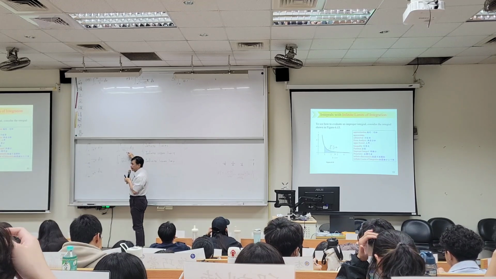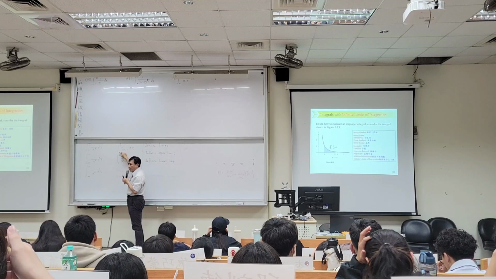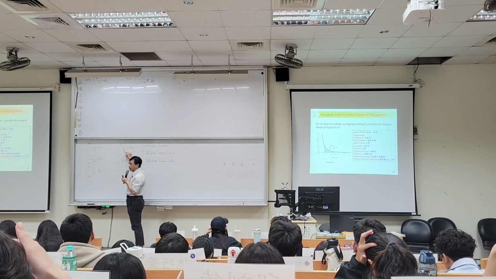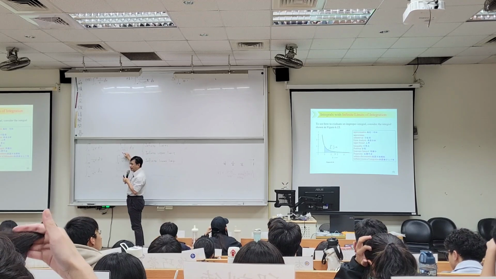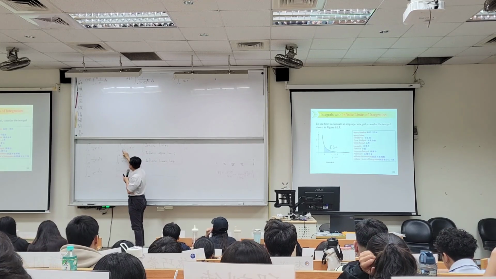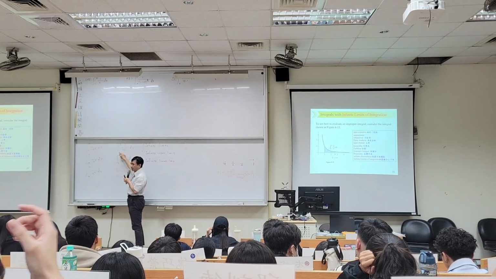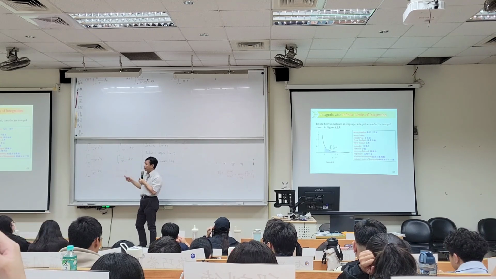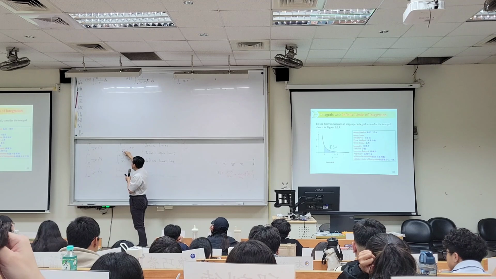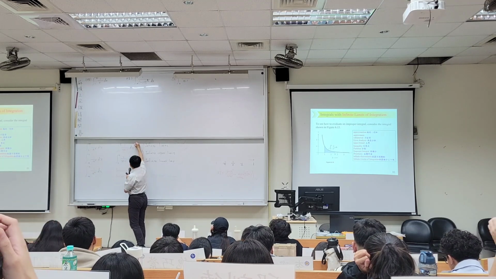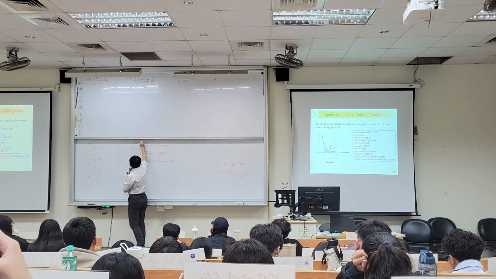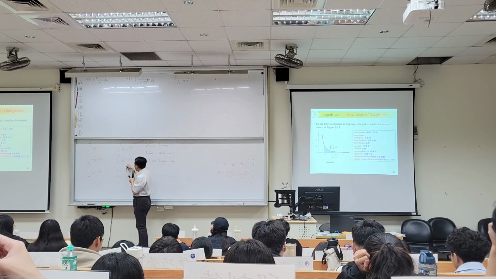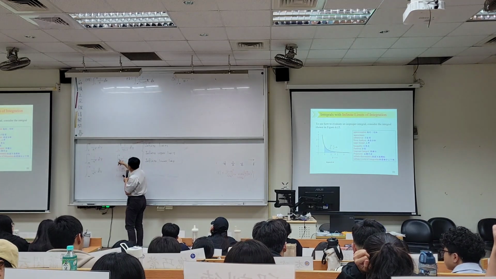When x is equal to 1, the denominator cannot be 0. The denominator is x minus 1, so x cannot be 1. If x equals 1, the denominator becomes 0.